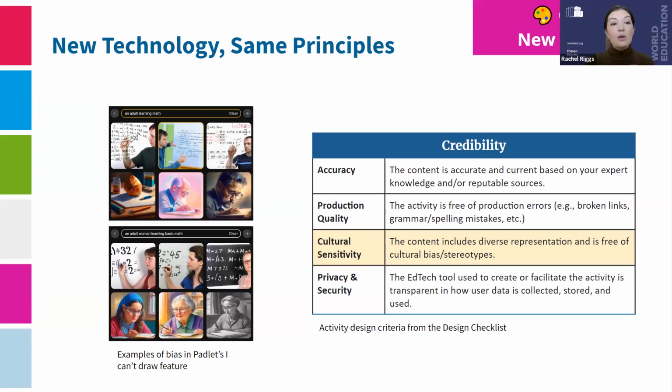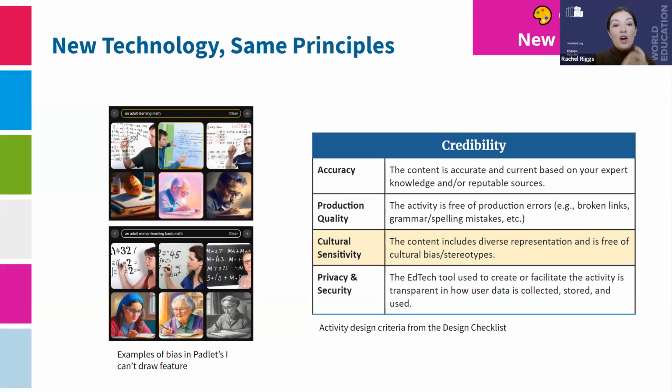So when we think about the bias that people talk about a lot in AI algorithms and AI output, showing an example of Padlet's I Can't Draw: when you ask it for an adult learning math, the adult is a white male. When you ask it for an adult woman learning basic math, again, they are all white women. So there's a real bias coming through so clearly there.